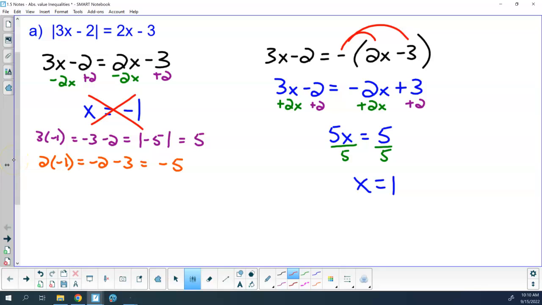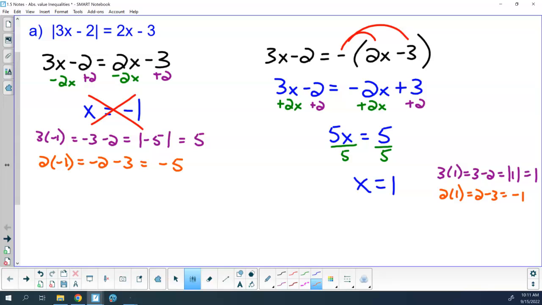3 times 1 is 3. 3 minus 2 is 1. The absolute value of 1 is 1. 2 times 1 is 2, minus 3 is negative 1.